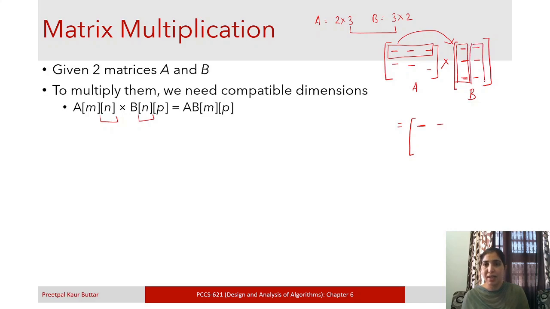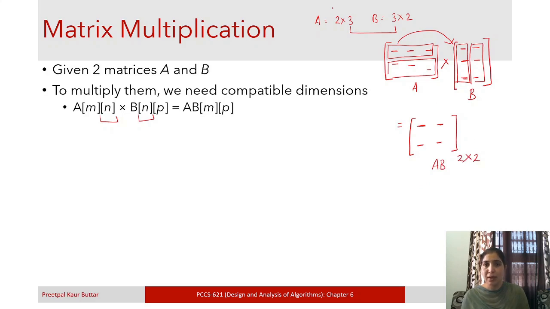Similarly, when we move down, this cell is obtained by multiplying element wise the second row with the first column of B, and this cell is obtained by multiplying the second row with the second column of B. So overall, this is AB, and the resultant matrix is 2 cross 2.